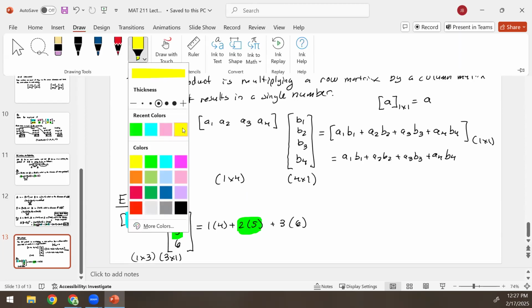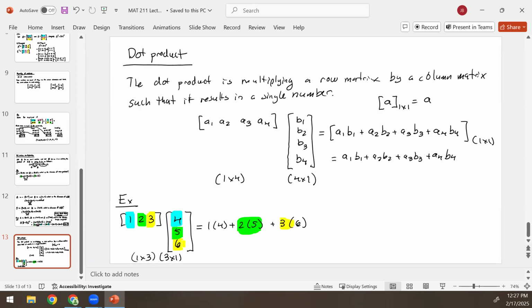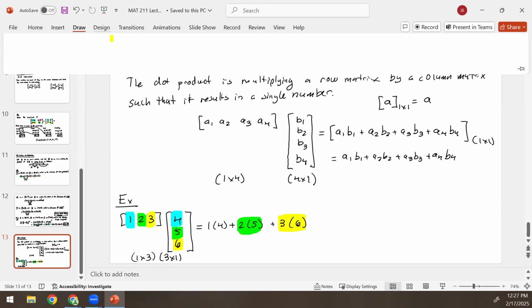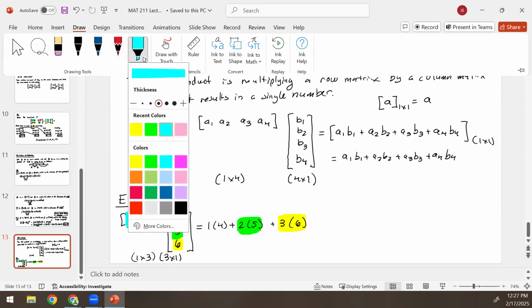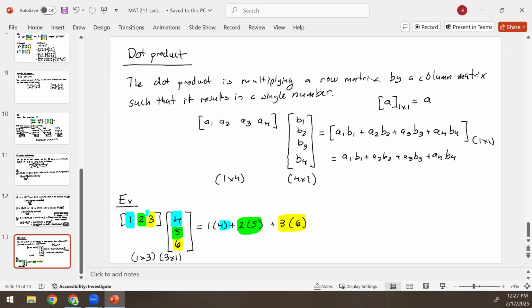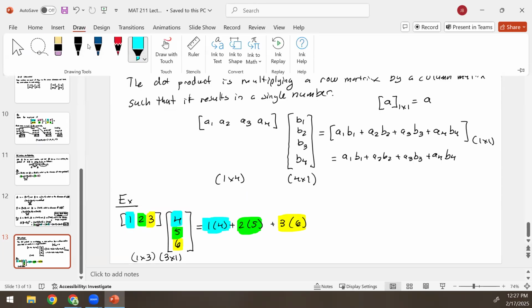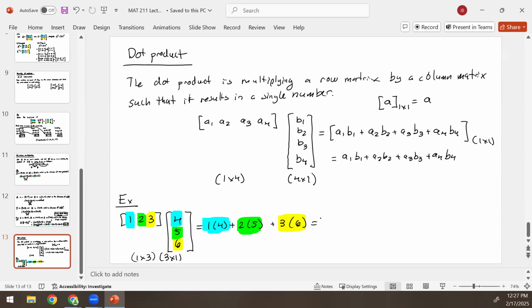And as you can see, we now get a number when I combine all of these together like that. And so we get 4 plus 10, which is 14, plus 18, which is 32, I believe. Yep, 32. And that's the dot product.